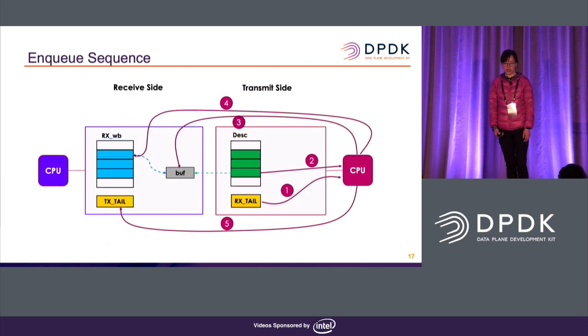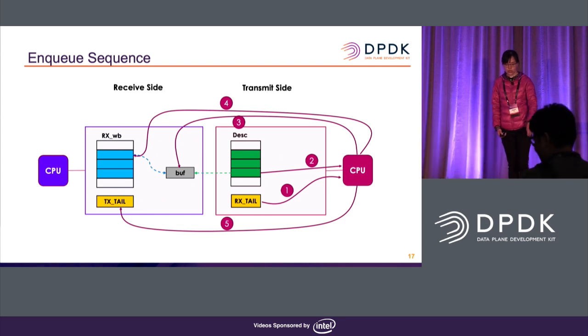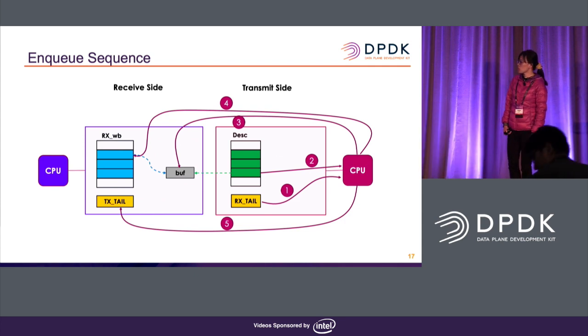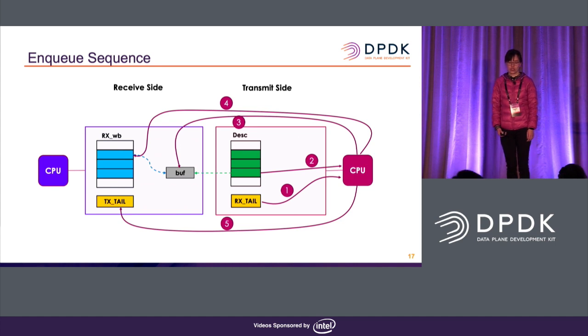Here is a very simple sequence for the enqueue. For example, at first, when the transmit side needs to transmit a packet, it needs to check the RX tail to see whether any buffer is ready to copy to.